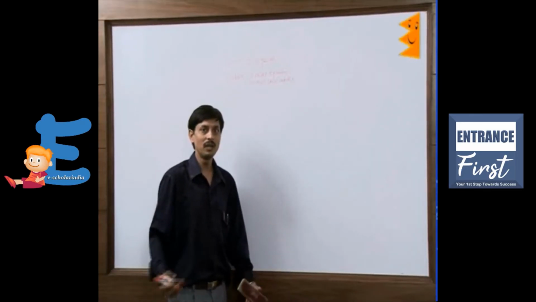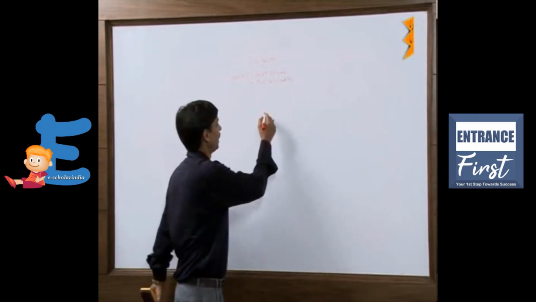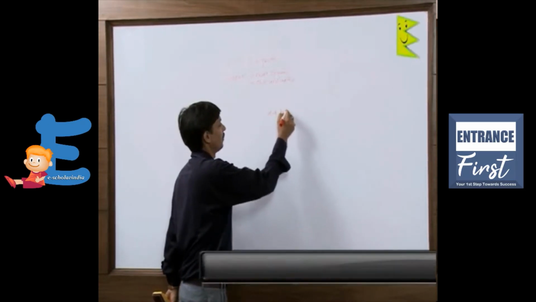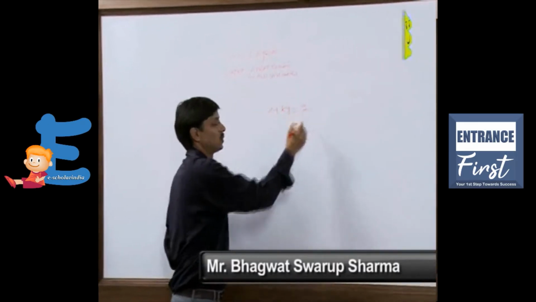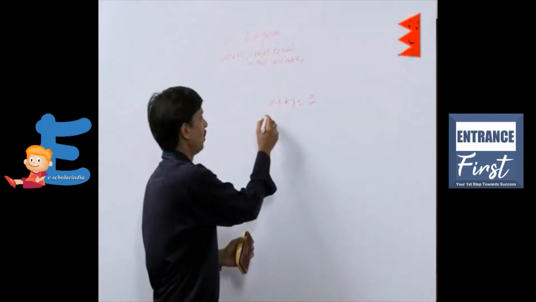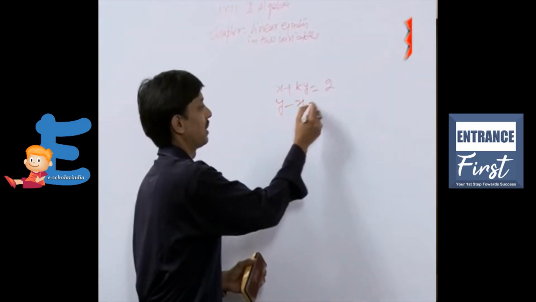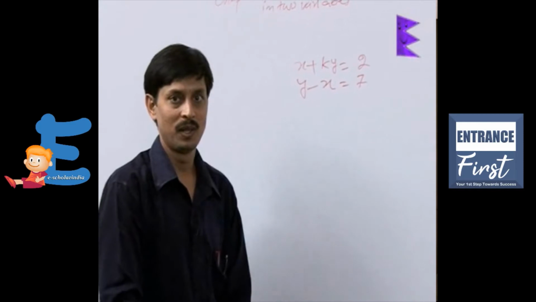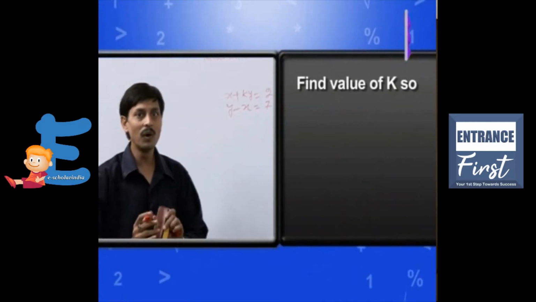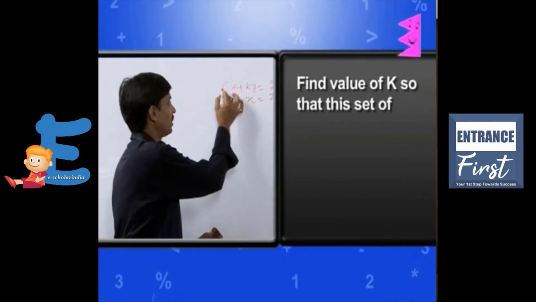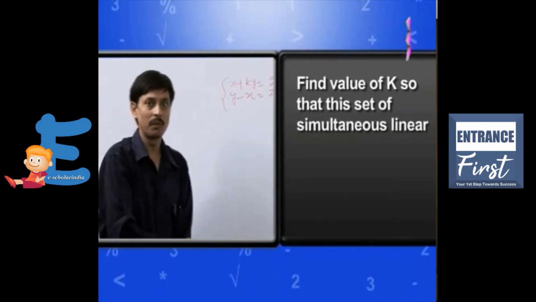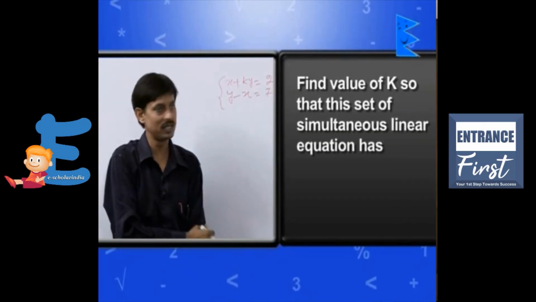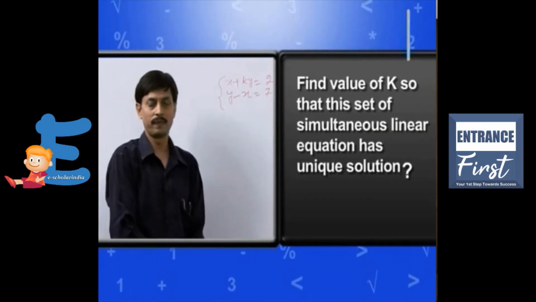Say, for example, I write a question here: x plus ky is equal to, suppose, 2, and y minus x is equal to 7. Find the value of k so that this system of simultaneous linear equations has a unique solution.